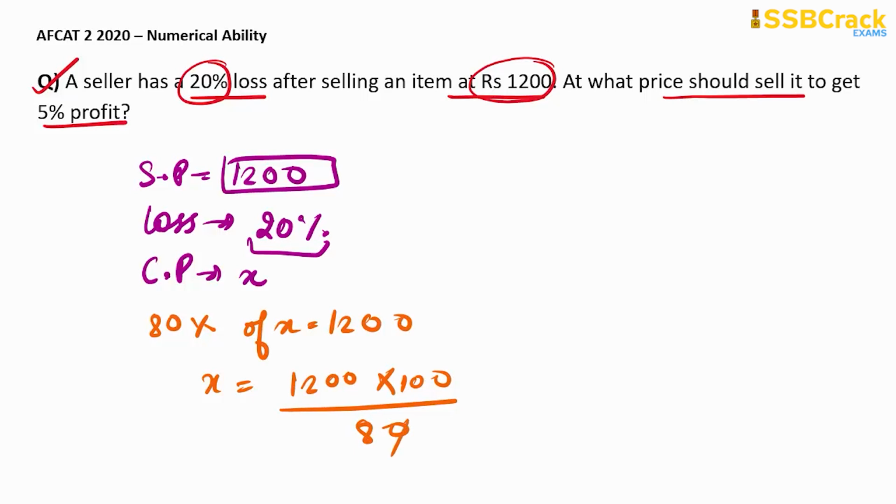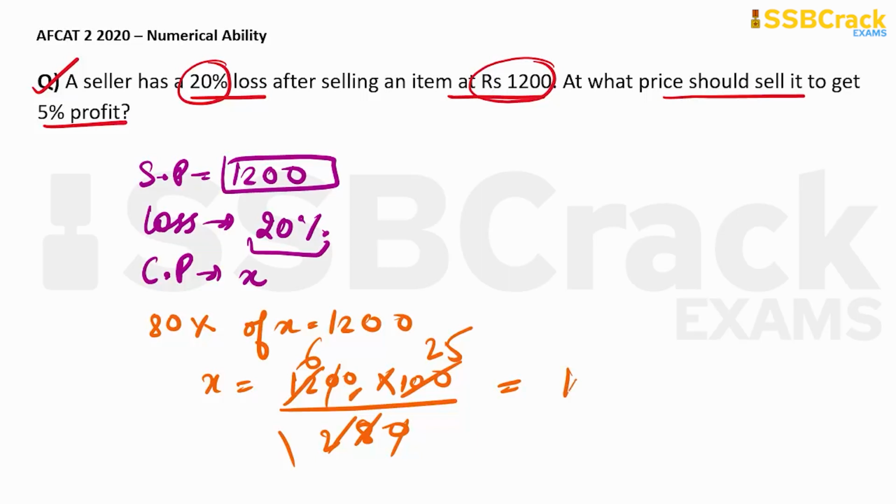So this cuts out with this. Here 4 2s are 8 and 4 25s are 100. Similarly 2 1s are 2 and 2 6s are 12. So it will be, here this 0 is also there. So 25 into 60 will be 1500, right? So the CP, that is the cost price of the item, is 1500.